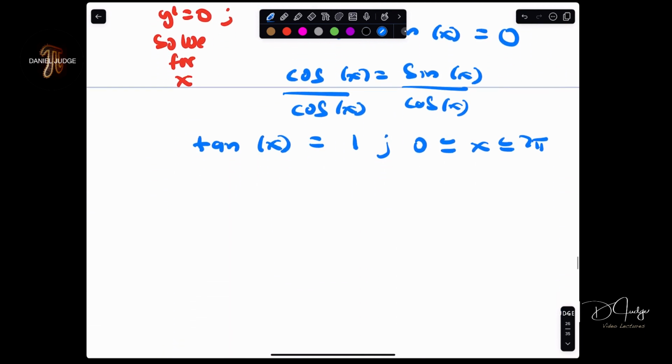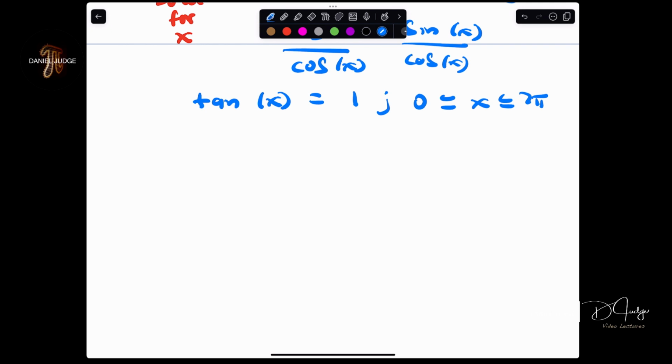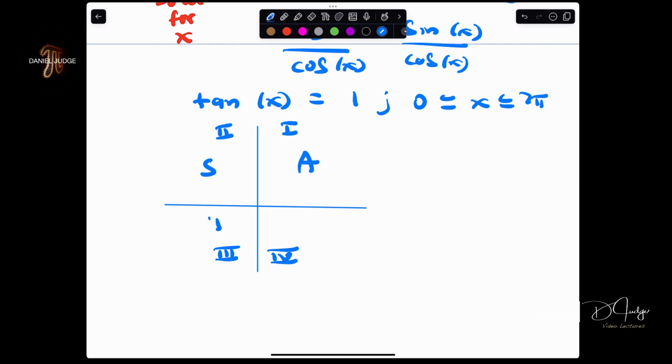So tangent is 1, and what I have to do personally is go back to trig. Quadrant 1, quadrant 2, quadrant 3, and quadrant 4, we're going to say all students take calculus. What this means is the tangent curve is positive in quadrants 1 and 3, that's the being greater than 0, positive. So let me do this.